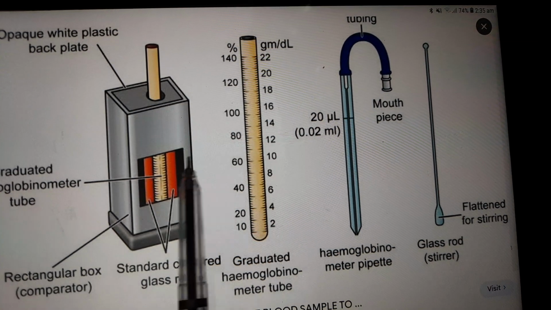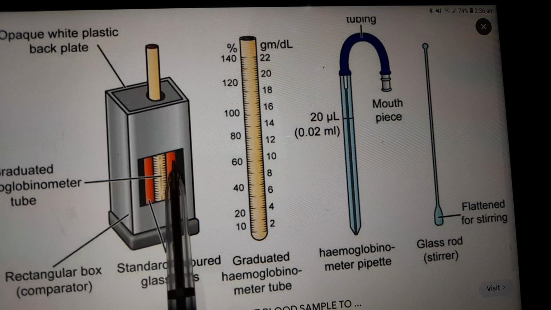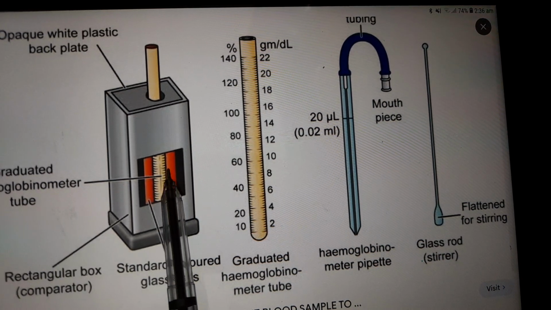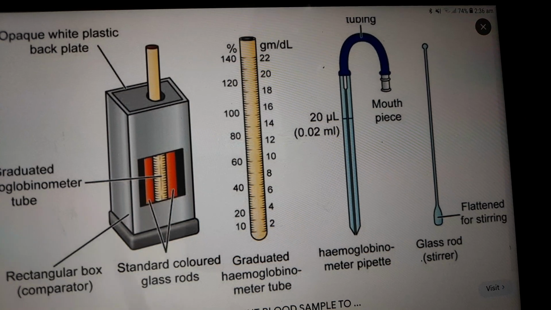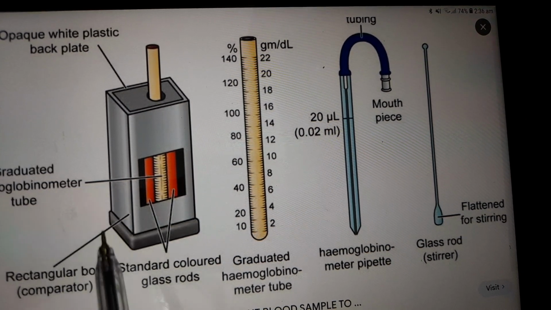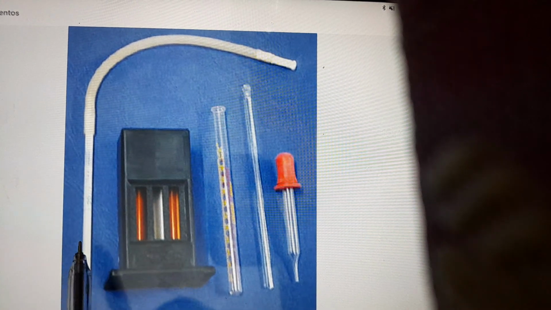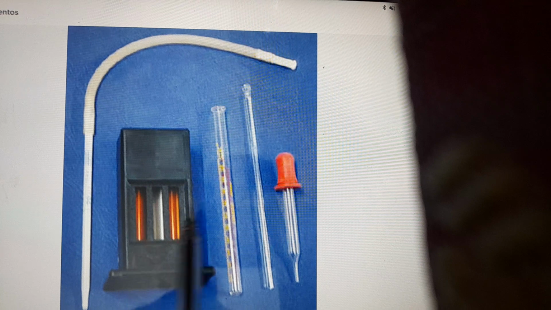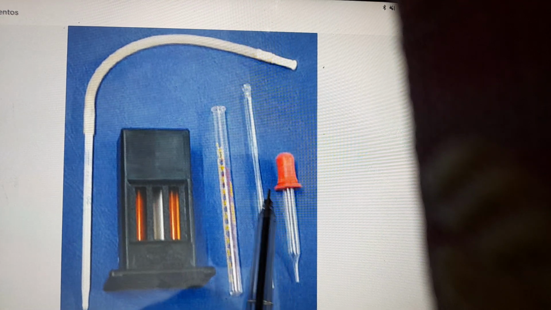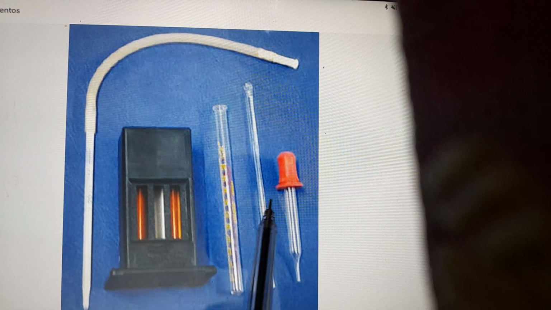This comparator box has this hemoglobin tube fitted into it, and this graduated hemoglobinometer tube will actually help us identify the amount of hematin which is produced, and this hematin will help us in calculation of the hemoglobin concentration. You can clearly see over here, this is the hemoglobinometer tube, the comparator box in which the graduated tube will be placed. Then this is the stirrer, and this is a certain type of pipette through which you can add the blood into it.